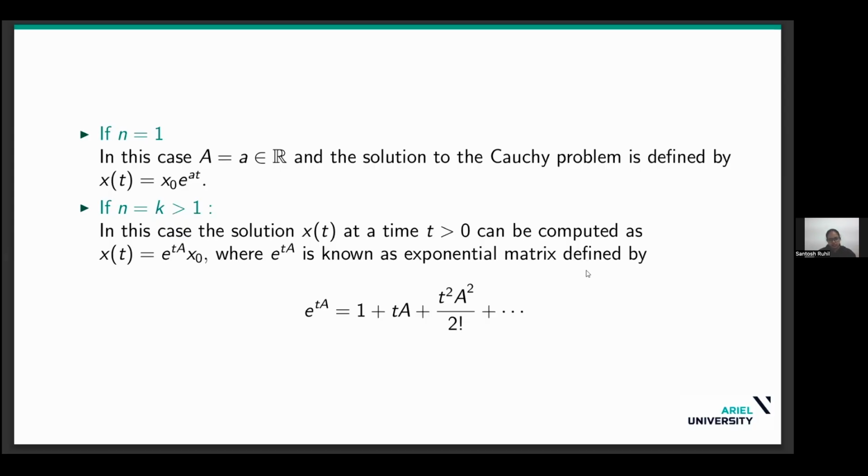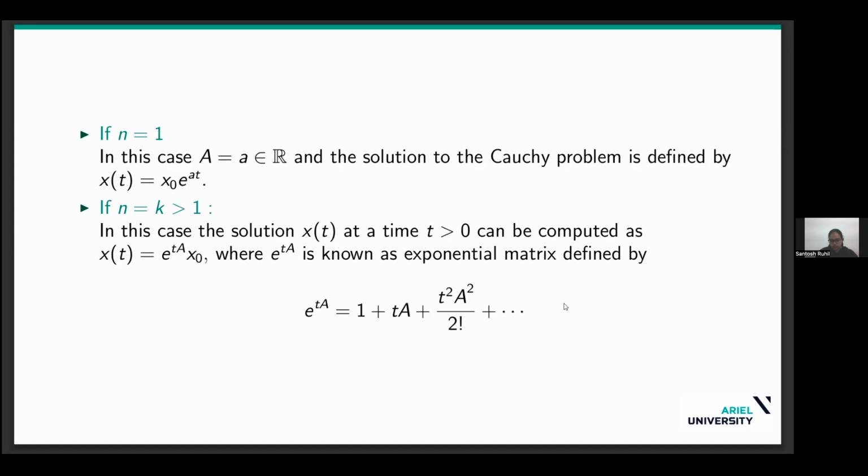And if n is another finite number, greater than 1, then in this case also the solution will be given by e^{tA} x_0, which is a similar representation as for n equal to 1. But here e^{tA} is an exponential matrix which has the following series representation.